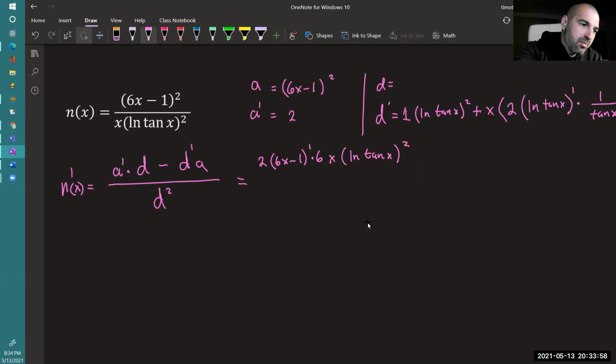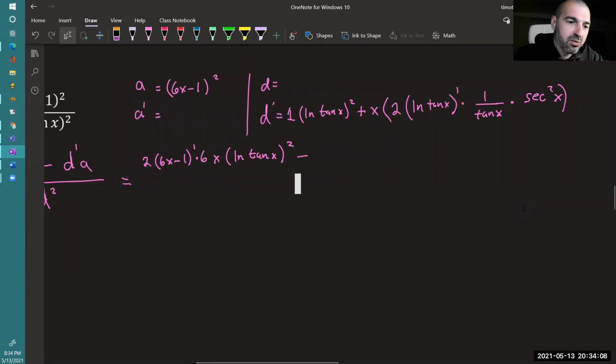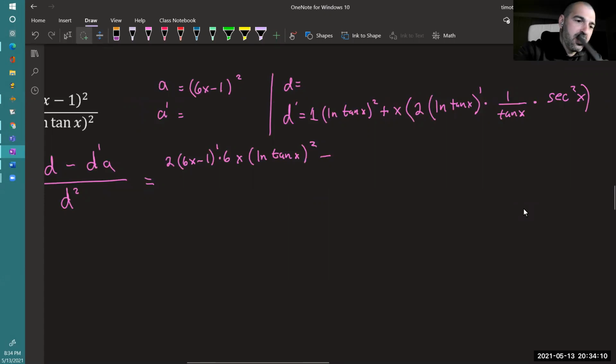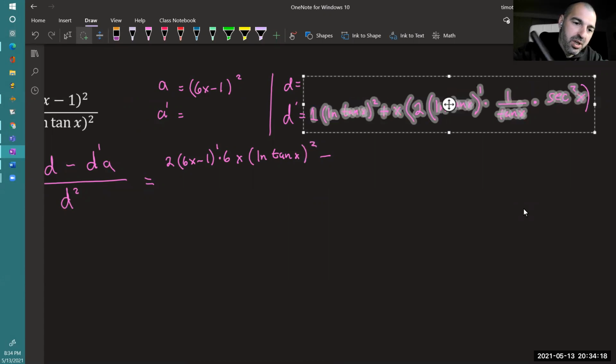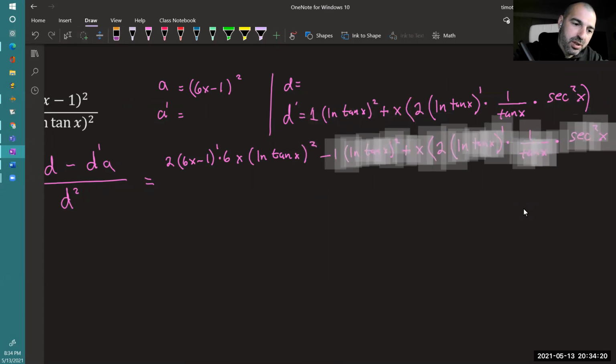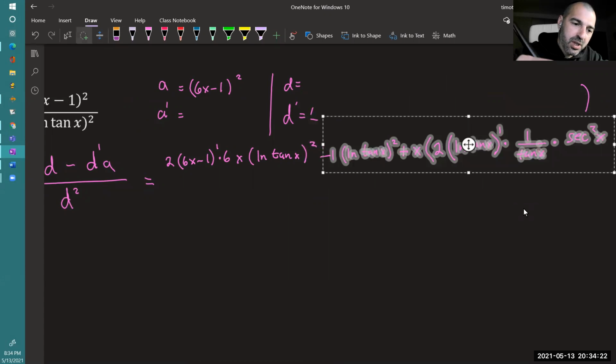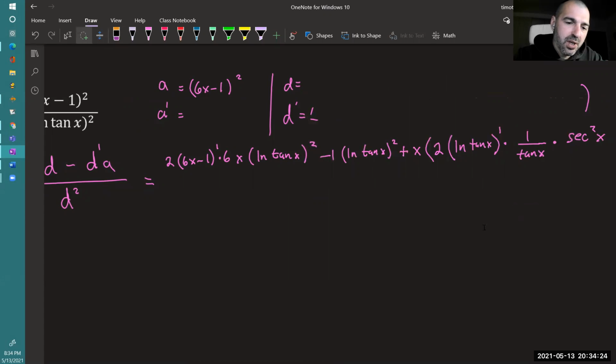And then I'm going to subtract d prime, which is this whole giant thing here. So I'll grab that whole thing. This is going to be exciting. This is why I wanted to do this, actually. Look at all that. Wow, I can get all of this. Put it here. There we go. And that's a 1 there.